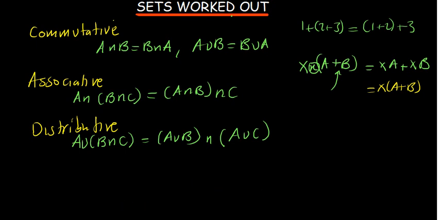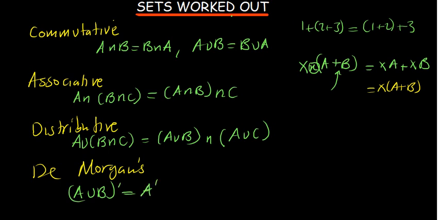So apart from this, the last law you need to know here is, sorry, I'm just coming from writing distributive, it's De Morgan's law. So the De Morgan's, when you've got A union B complement, this is going to be the same as A complement, and then the sign here, please, it always changes.